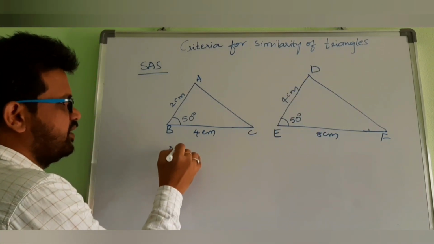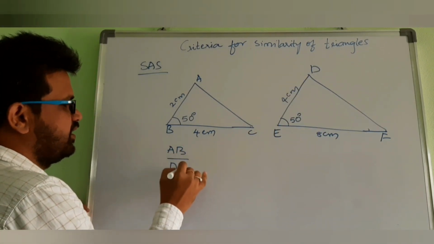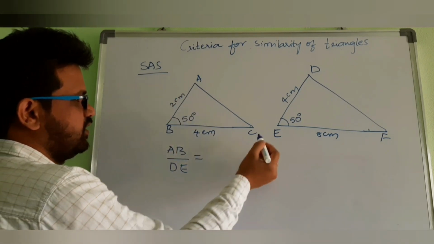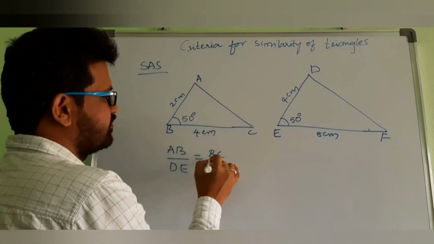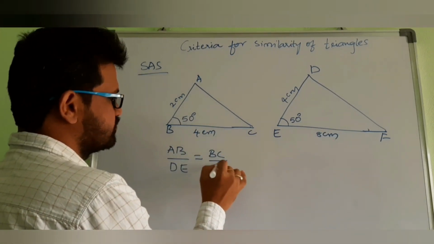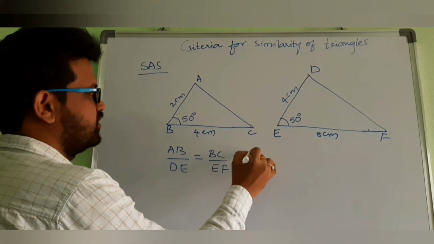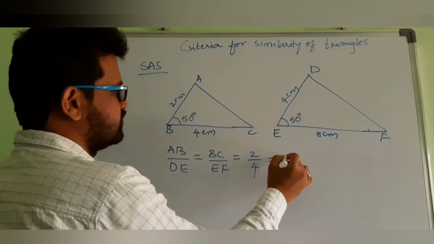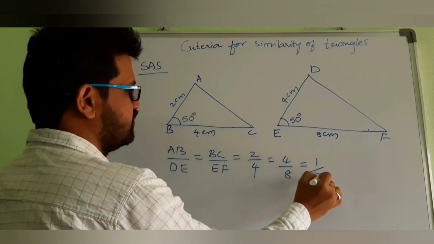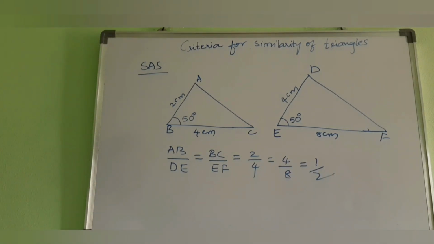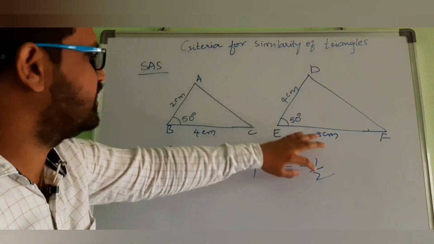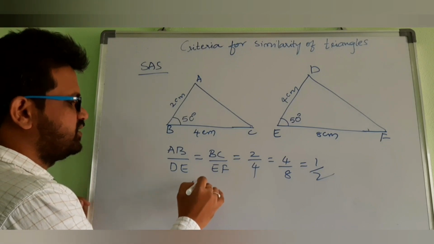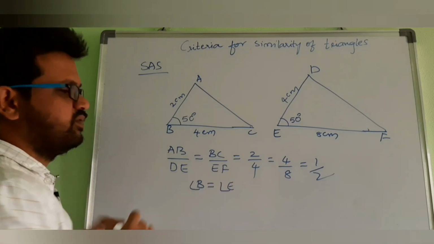So AB by DE is equal to BC by EF, that is 2 by 4 is equal to 4 by 8, which is 1 by 2. The ratio is the same. AB by DE is 1 by 2, BC by EF is also 1 by 2, and angle B is equal to angle E.